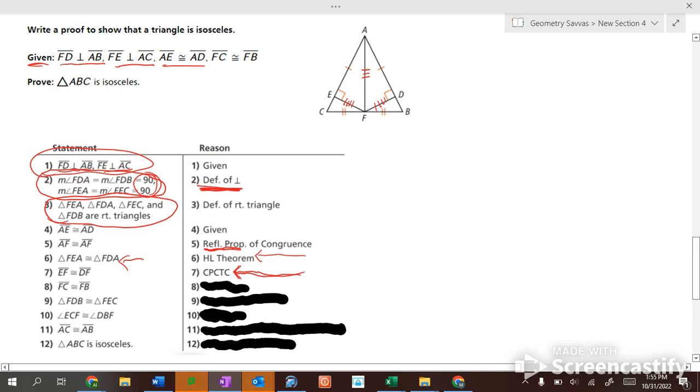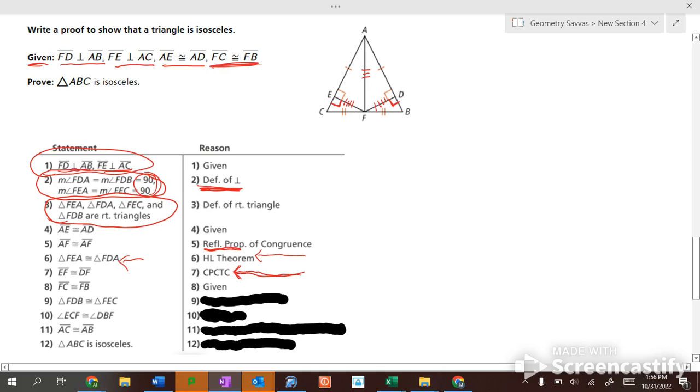Now, if we know this is a right angle, what's this going to be right here? This one's going to be a right angle. They should have said something about these being right angles and these being right triangles, but they didn't. But FC is congruent to FB because that is right here, so that is given.